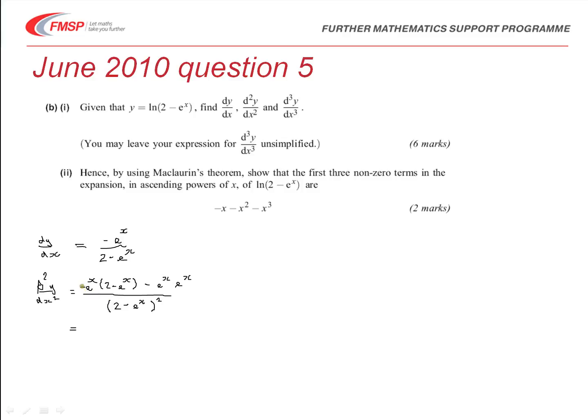We've got a minus e to the x times a minus e to the x gives us a plus e to the 2x. And we've got a minus e to the 2x here. So those will cancel out. And we're just left with minus 2 e to the x on top over 2 minus e to the x all squared.